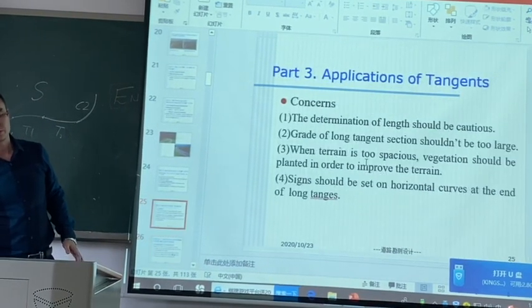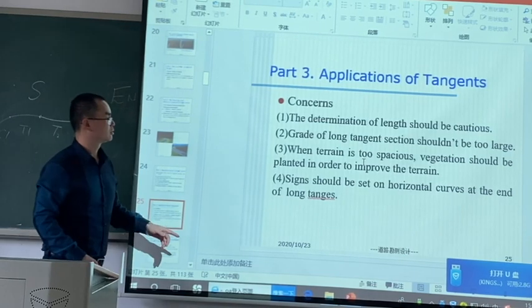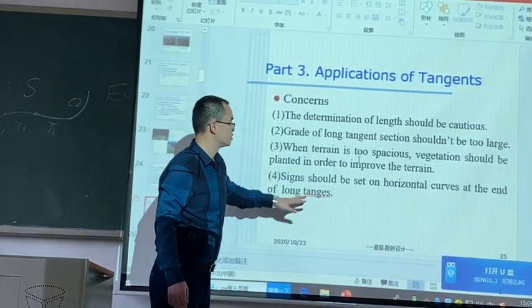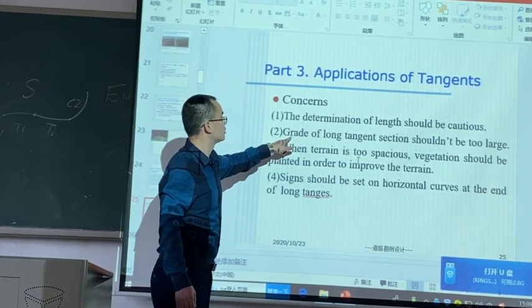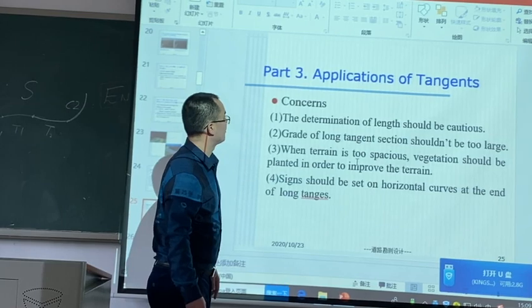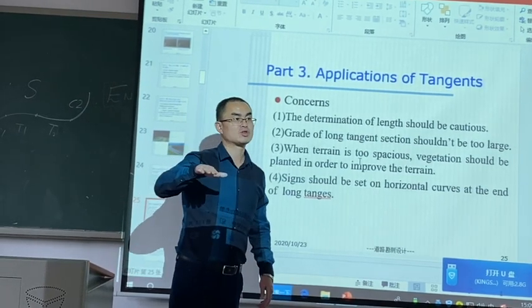The grade of long tangents should not be too large. What's grade? The slope.